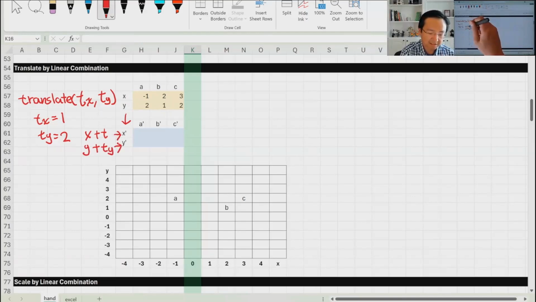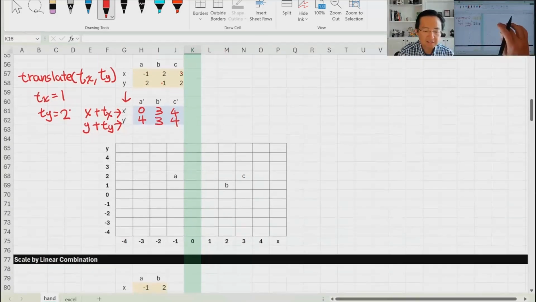In fact, this is t x: x plus t x gives our new x prime, and y plus t y gives y prime. And we'll compute this. Minus 1 plus 1 is 0, and 2 plus 2 is 4. Okay, so 2 plus 1 is 3, 1 plus 2 is 3, and 3 plus 1 is 4, 2 plus 2 is 4.